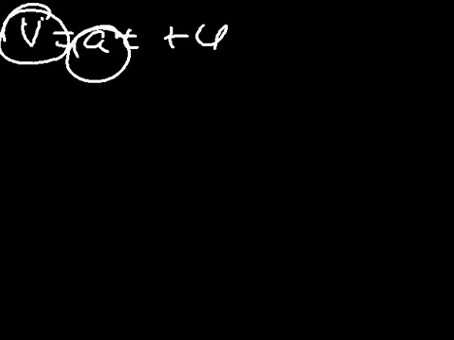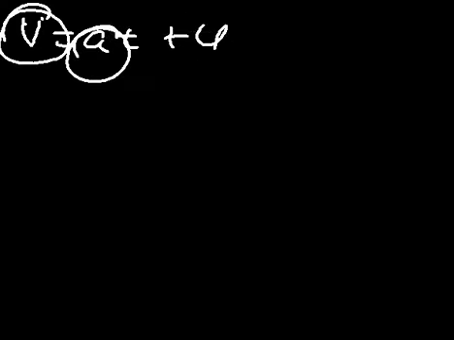Now let's say we have a formula given to us, for example v = u + at. Let's say this is a formula for motion, with the final velocity v, acceleration a, time t, and u the initial velocity. How can you show whether the formula is dimensionally consistent or not?